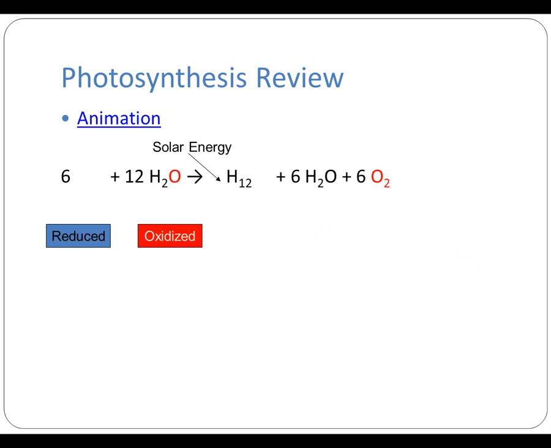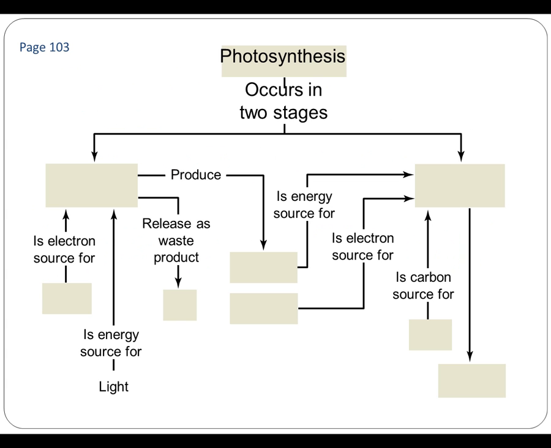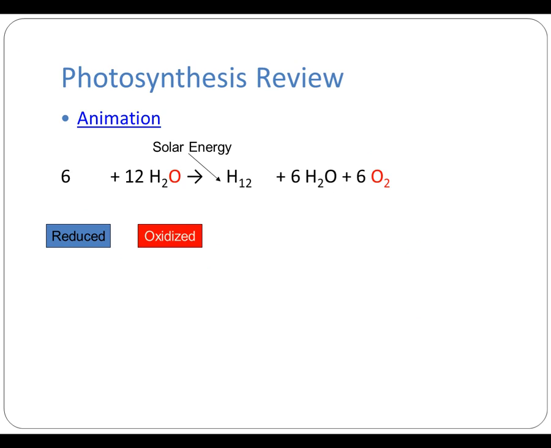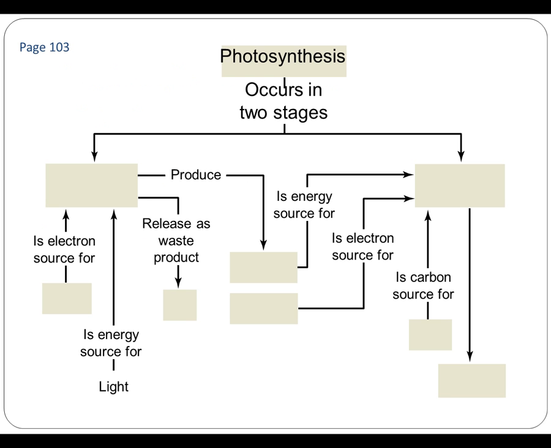We're going to summarize photosynthesis. Oh man, I'll just skip that because that's not showing up too well. Let's just summarize this. This should be page 103 of your textbook. We said photosynthesis occurs in 2 stages, and you can label it on this handout if you want, on page 7 of your handout.